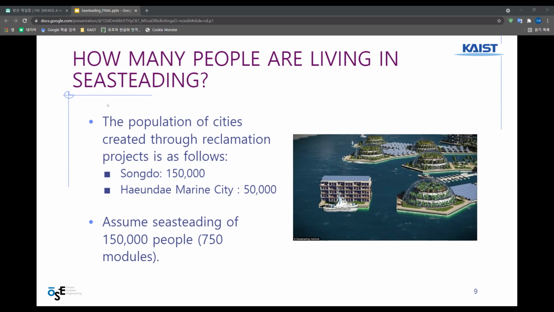We assume our system project will have a 150,000 population, which needs 750 system modules, because we assume that one system module holds a population of 200.